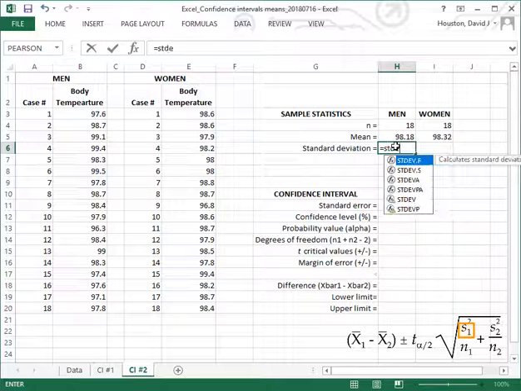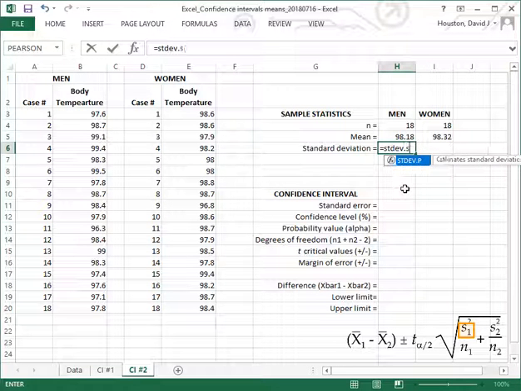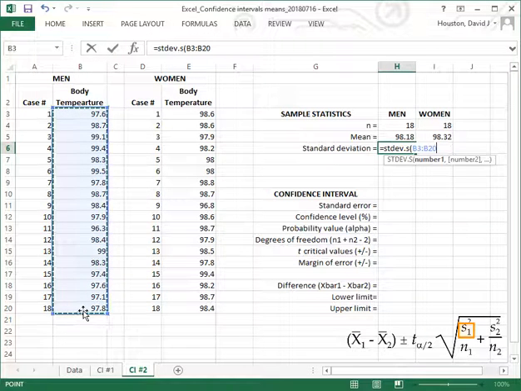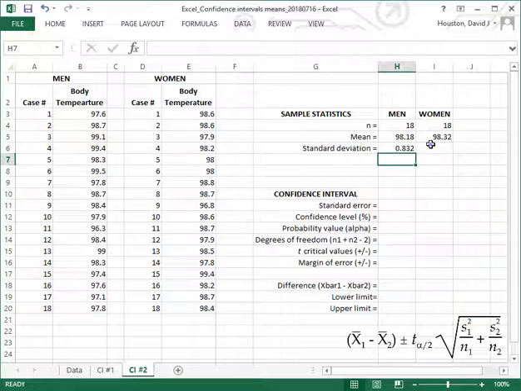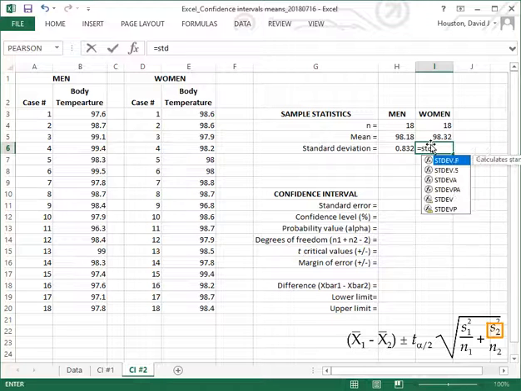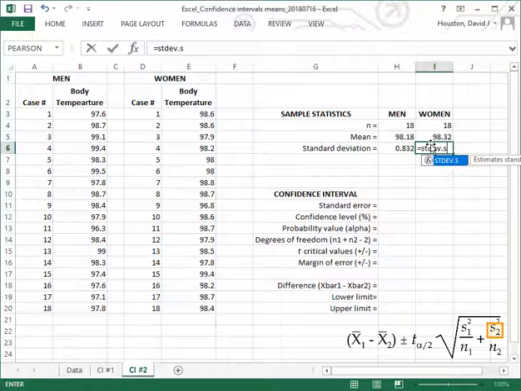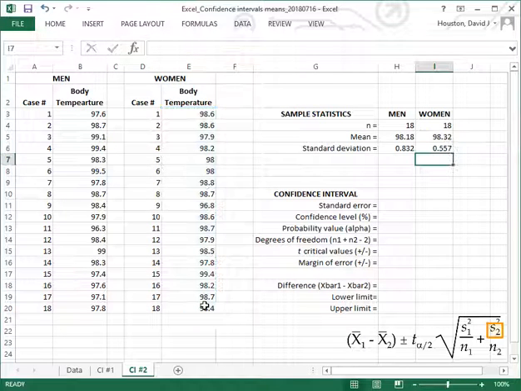Now, to find the standard deviation for each group, I'll use the sample standard deviation function in Excel. And we can see here the variation for men is a little larger than it is for women, although women on average have higher temperatures.